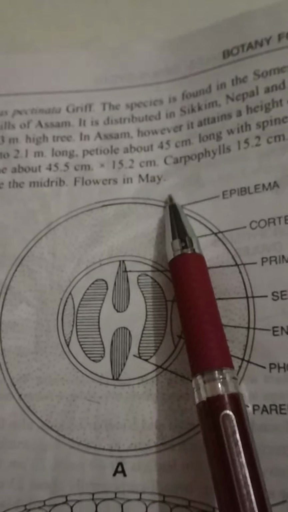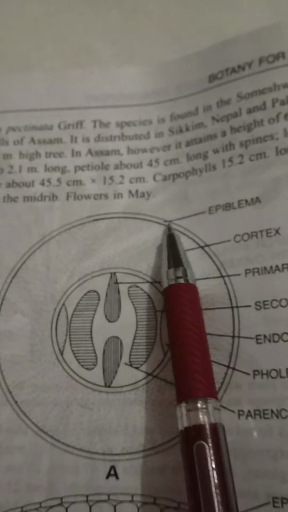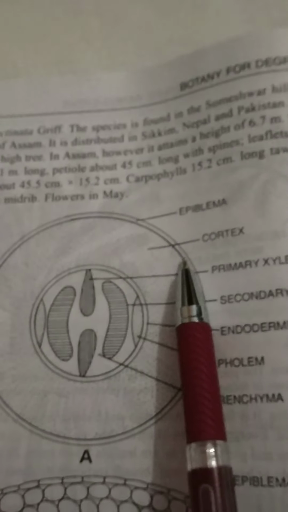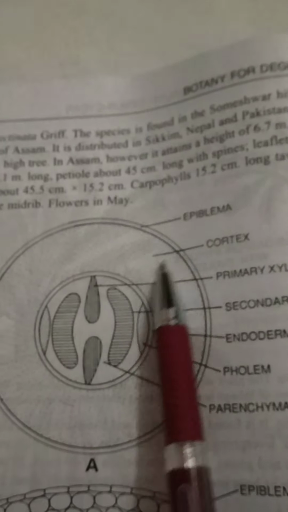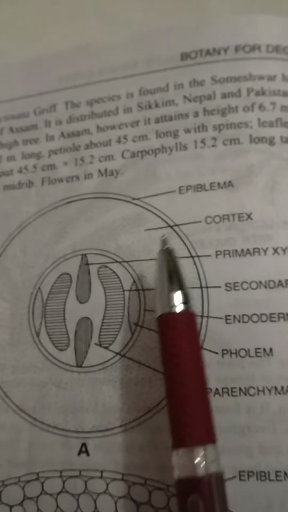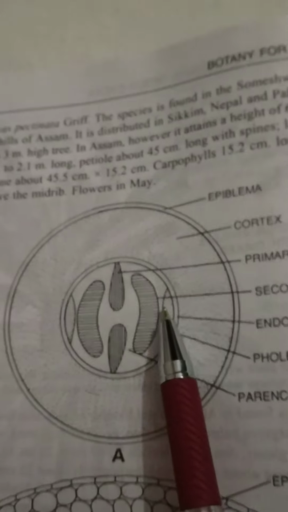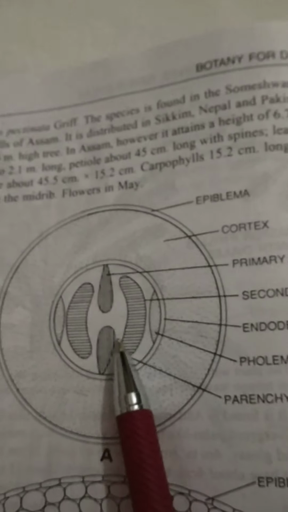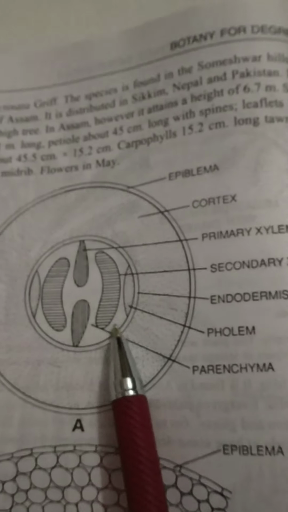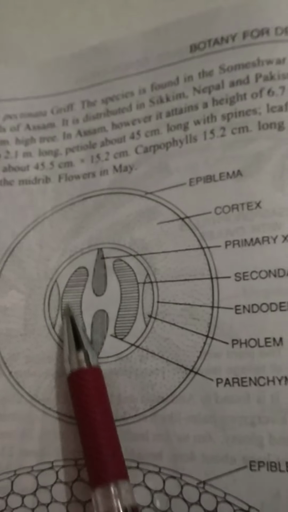That is, it consists of an outer layer, the epiblema, and next the cortex region, which you can see here next to the epiblema. Next to the cortex region you have what is called the endodermis.